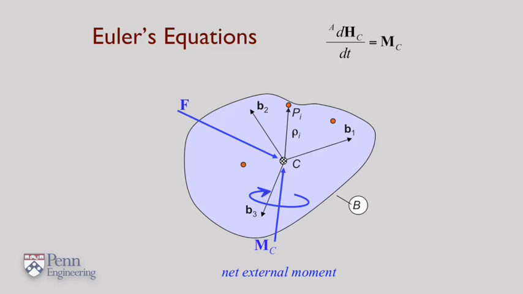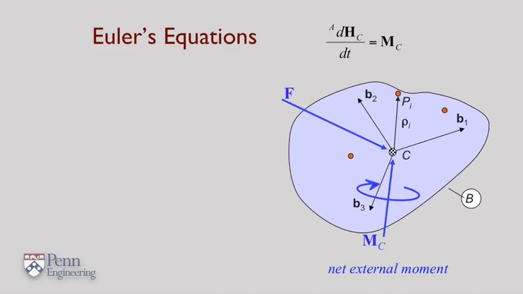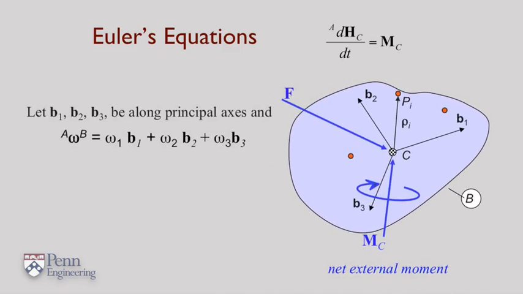In this picture, B1, B2, and B3 are a set of body-fixed unit vectors that define a body-fixed frame. We'll now insist that these vectors point along principal axes. And we'll write our angular velocity as linear combinations of B1, B2, and B3, and the components are omega 1, omega 2, and omega 3.